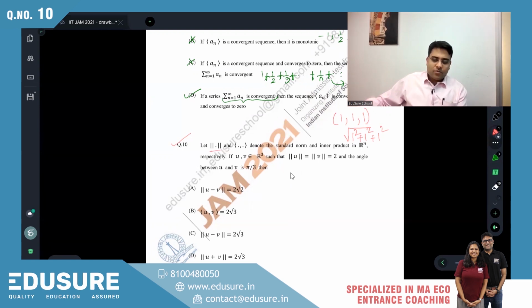Inner product of any vectors is as follows. So if these are u and v, the inner product is basically equal to the norm of u into norm of v into cos theta.